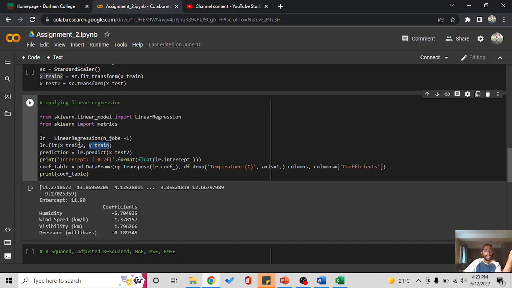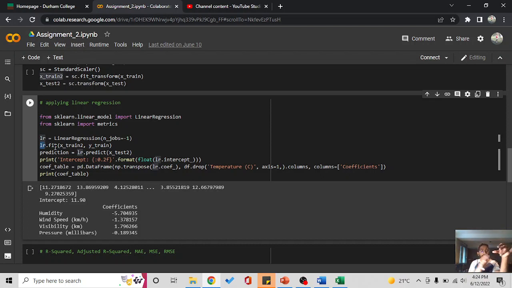So this is where the machine understands the box of rules behind how y is dependent on x. Now, since we've done lr.fit, this means our LR object, or linear regression object, has the box of rules.